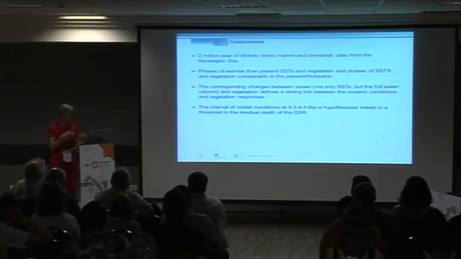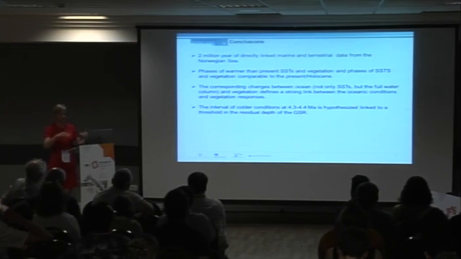And as I said, I always show you here some selected records from the core. We have these phases of warmer than present conditions interfering with phases of conditions pretty similar to what we have during the present, or the Holocene.